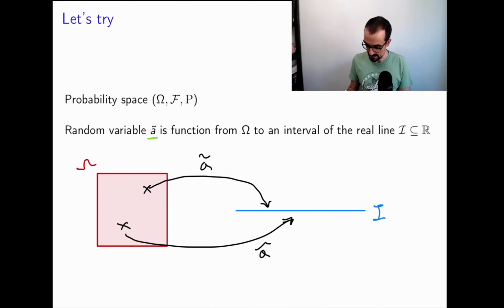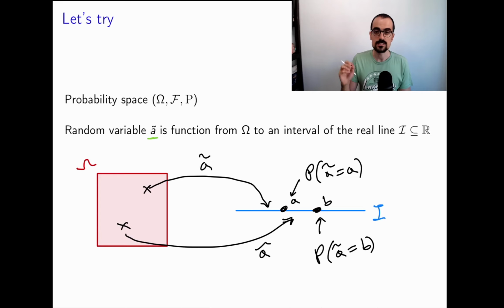Can I now just define the probability that A is equal to this particular value of the real line, and the probability that it's equal to this other value, B? So this is A, this is B. Can I just do that? Can I just say, okay, there's this function from a sample space to the real line, and now I'm just going to worry about the probability that the random variable is equal to these possible values on an interval? Now we're asking, is this possible?